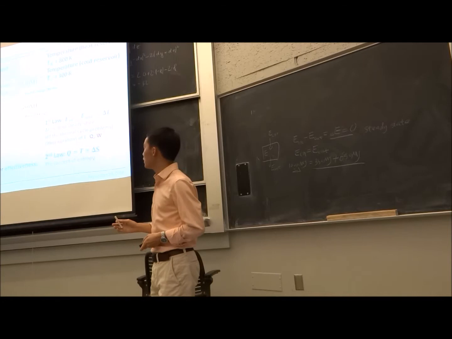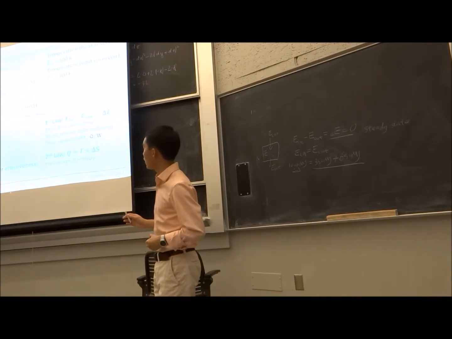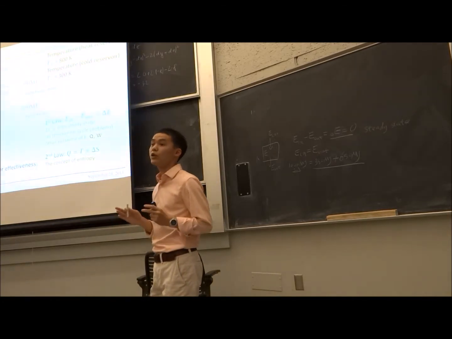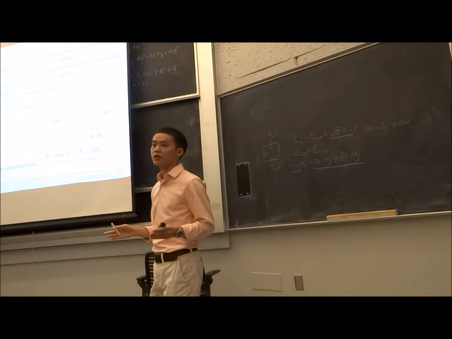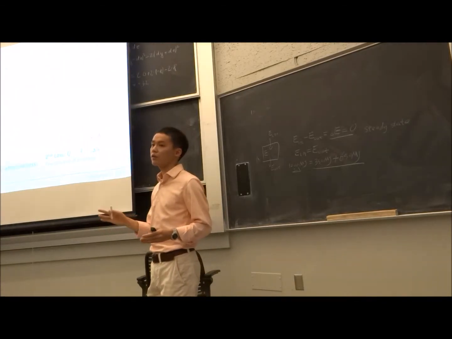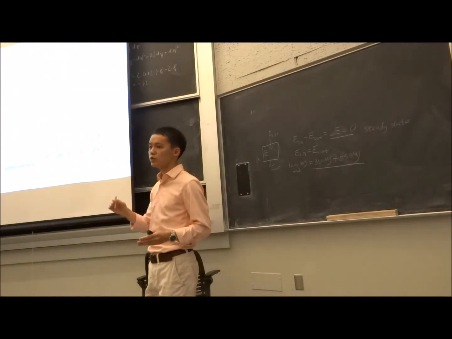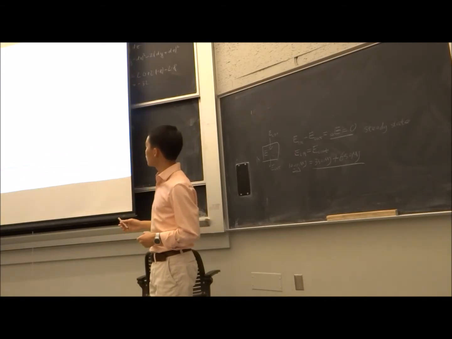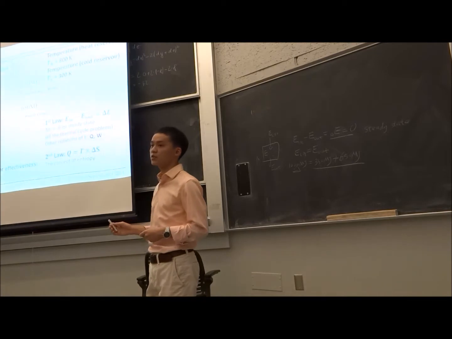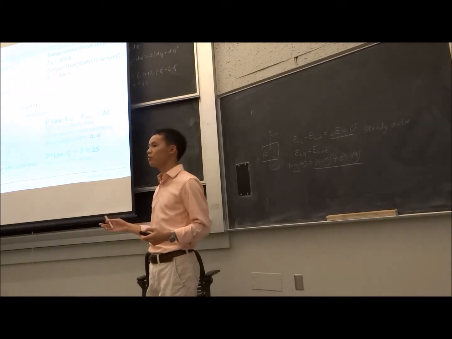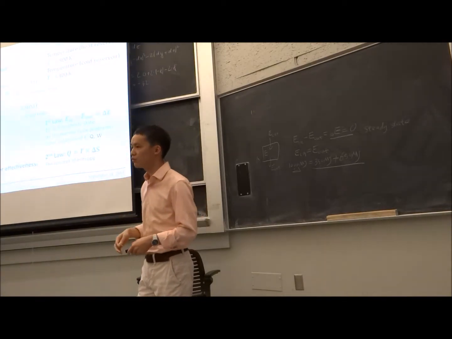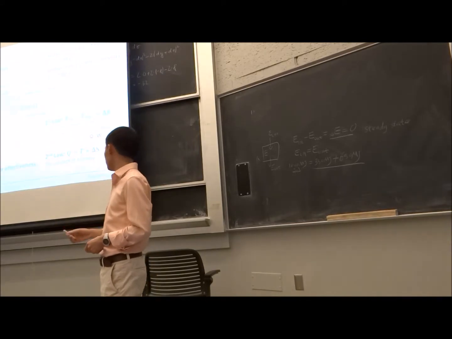For example, if your effectiveness is 100%, you reach the Carnot efficiency. That's the maximum efficiency you could ever get by operating between the two temperatures. So here, what we see is that the second law efficiency is about 56%. It seems that there is still plenty of room for further improvement in terms of engineering design, etc.